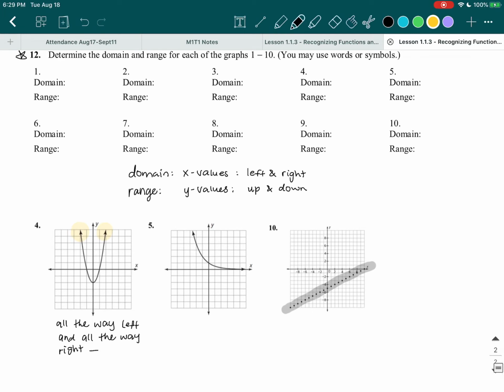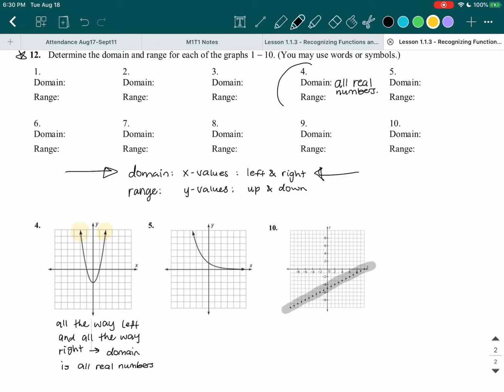What that means is that the domain, remember, domain is the left and right direction, is what we would call all real numbers. And remember how I told you all real numbers pretty much means all the numbers that you know? That's because if I go all the way to negative infinity, and all the way to positive infinity, to the left and to the right, we're just covering all the numbers, okay? So that's why for number 4, the domain is all real numbers.